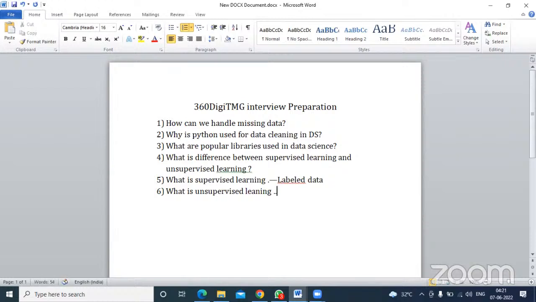What can we say unsupervised is? Just think and then I'll tell you. As supervised is labeled data, unsupervised is unlabeled data.